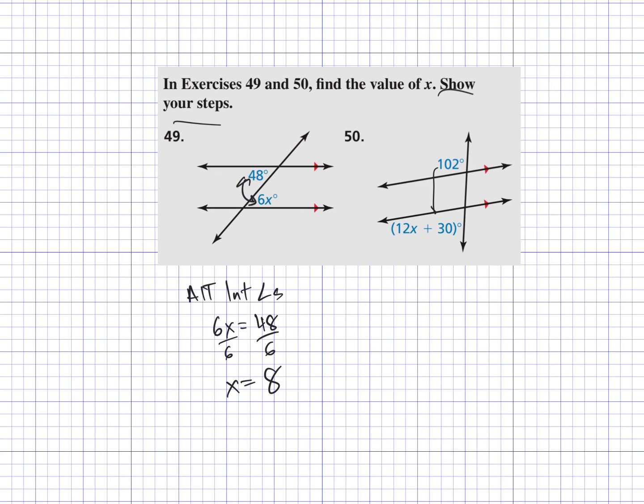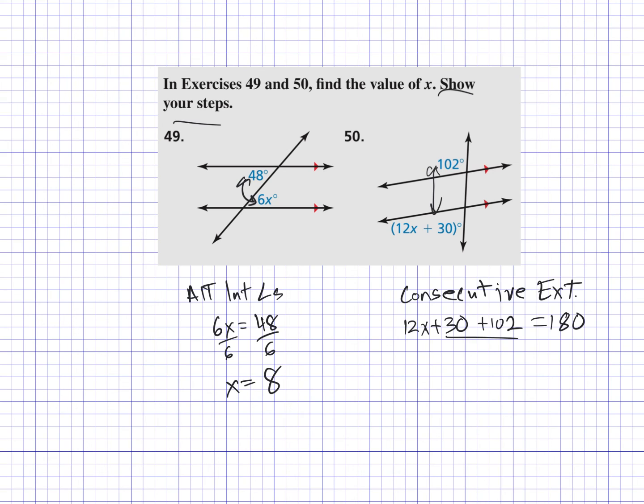And these two are on the same side of the transversal, so they are consecutive exterior angles. Consecutive interior or exterior means you add them together and set them equal to 180 degrees. So you have to remember all this stuff.